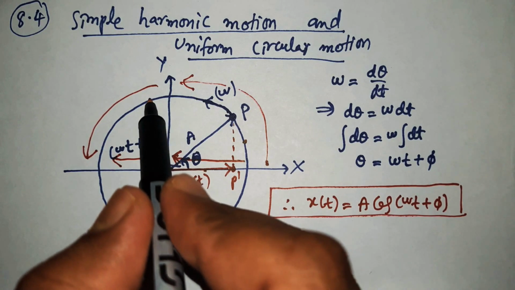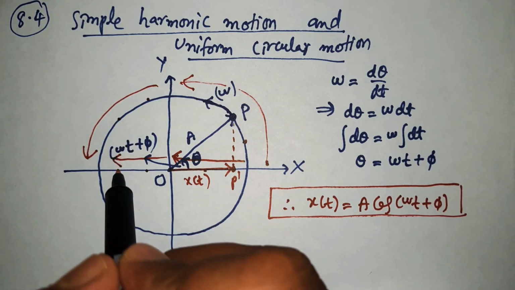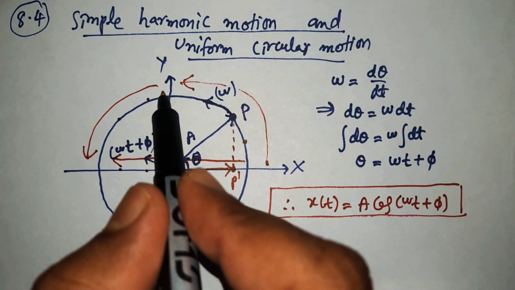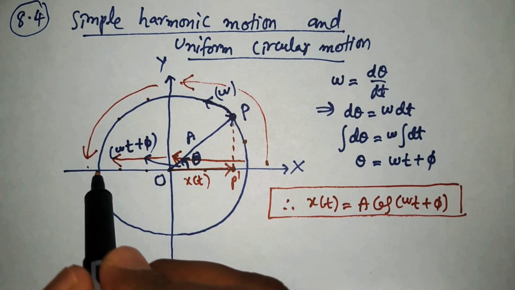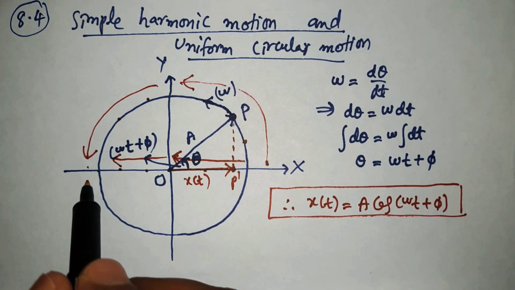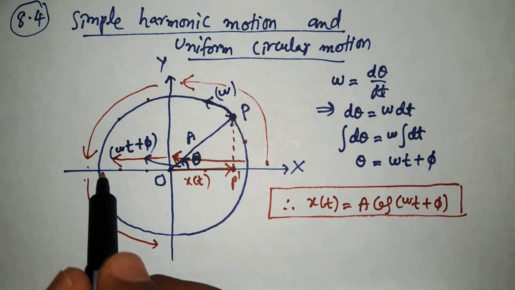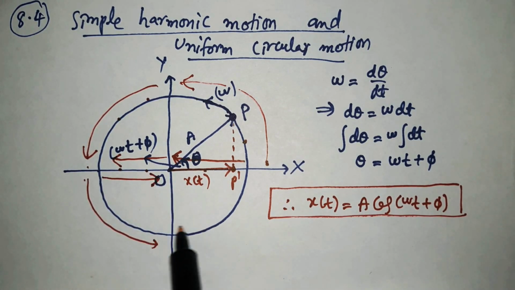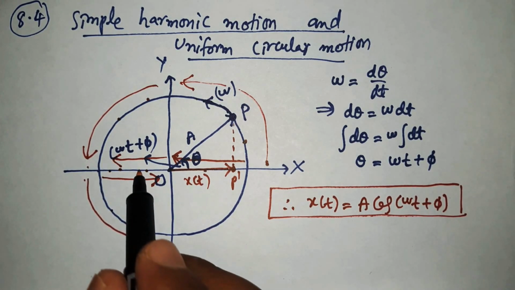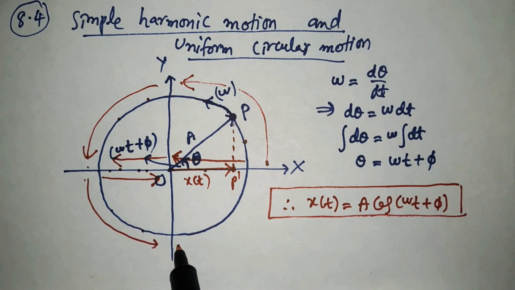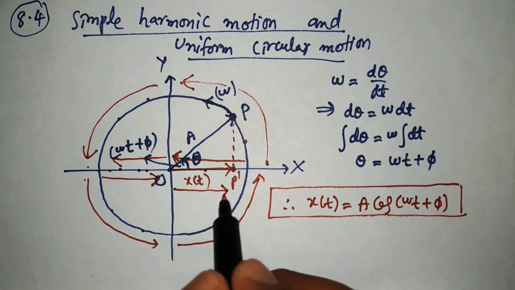If the particle is here, the projection is here. So if particle P moves here to here, the projection P dash moves here to here.